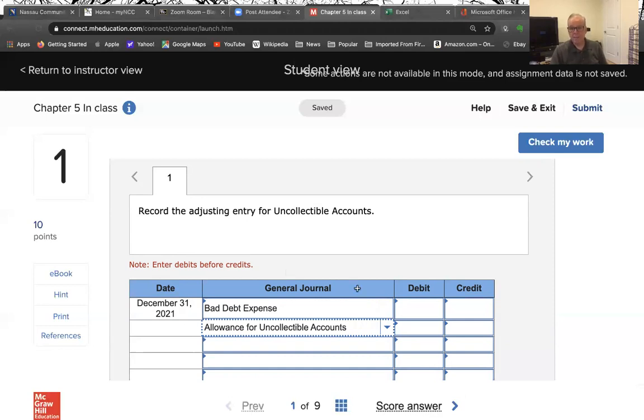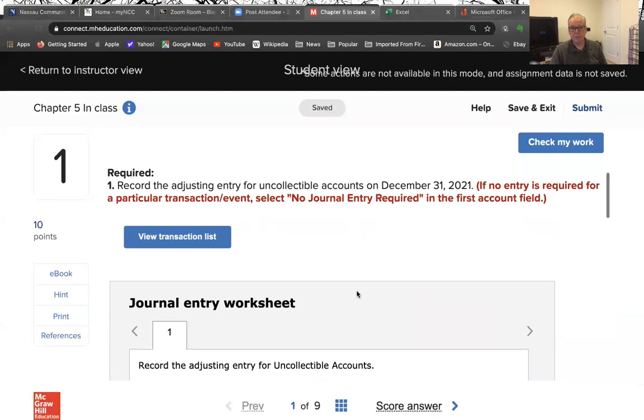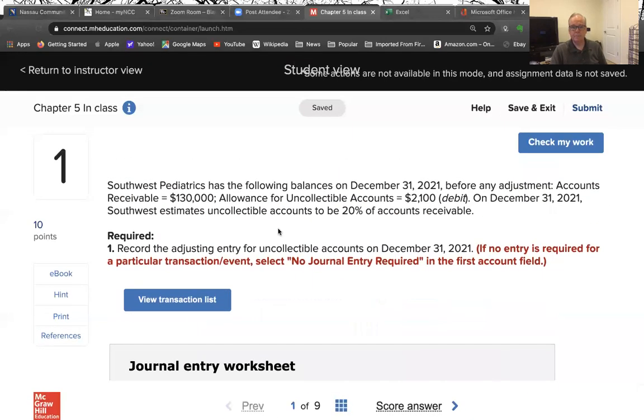Now, the second part, the numbers. Okay, well, let's see. Southwest Pediatrics has the following balances at December 31st, 2021, before any adjustment. So the accounts receivable balance is 130.